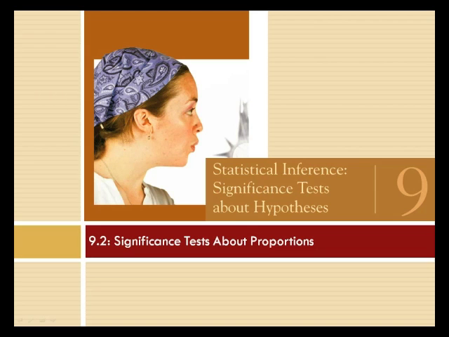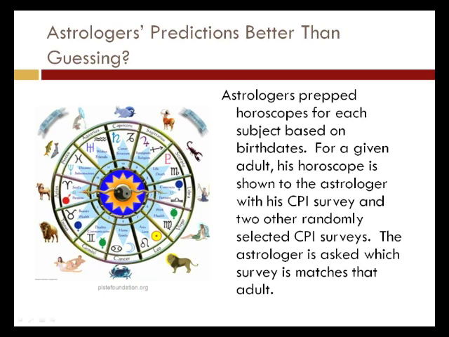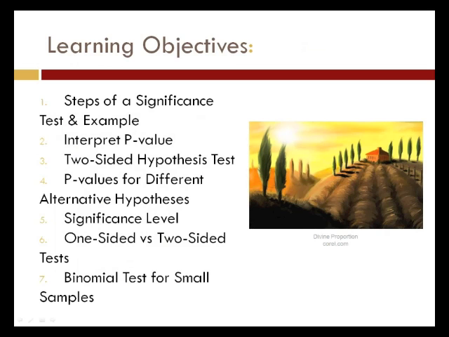So now we will talk a little bit about proportions, significance tests about proportions. For this section, we're going to go through an example for all of these steps. Our objectives are to cover the steps of the significance test for proportions, and then walk through an example.